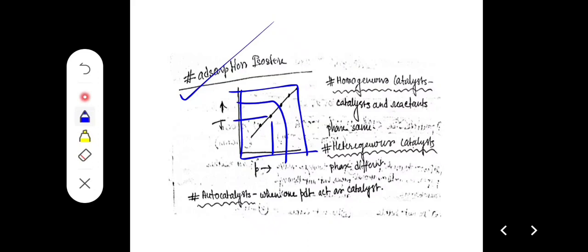Now we consider homogeneous catalysis. Catalyst and reactants are in the same phase. If reactants are liquid, the catalyst is also liquid, and they are miscible, so they react this way. Now we consider heterogeneous catalyst, where the phase is different. They have a fixed surface area, and in most cases hydrogen is adsorbed.